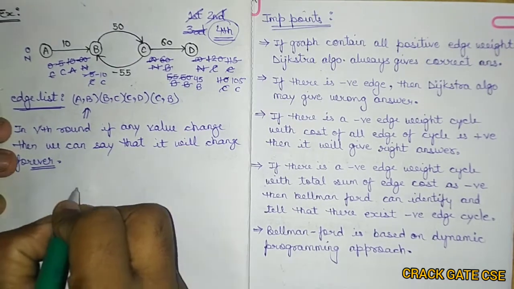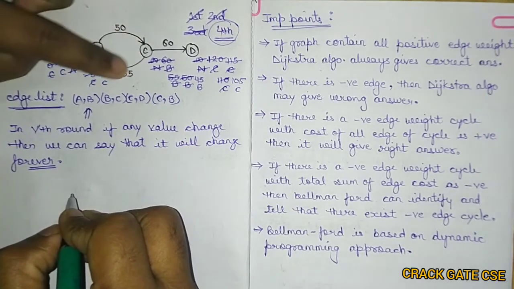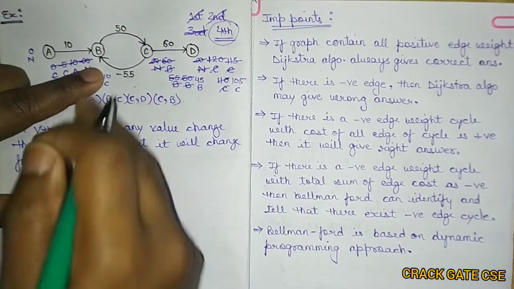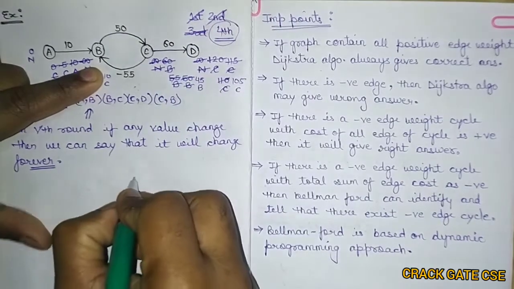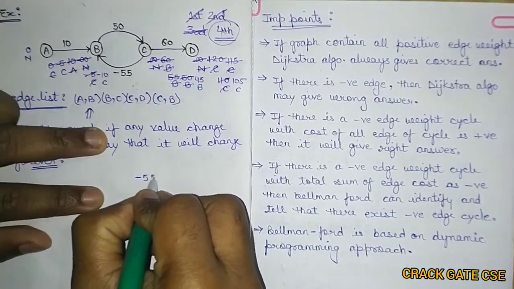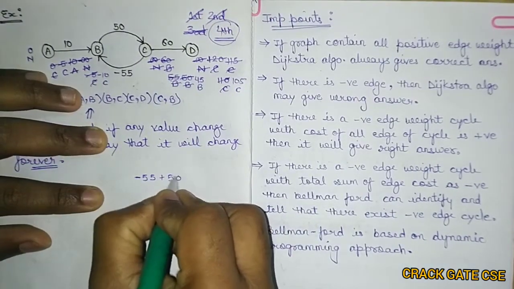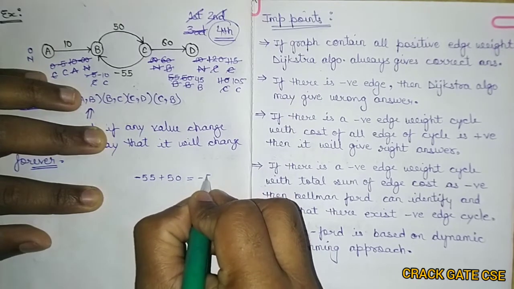So see one thing here. This is a negative edge weight cycle. If you add the edge cost of this negative edge weight cycle, which is nothing but minus 55 plus 50, this is equal to minus 5.